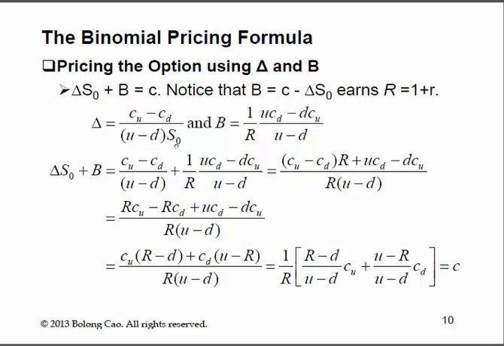Now delta times S0, again S0 cancels out, and this is the borrowed amount. What we do is put the whole two fractions together and simplify it. And then eventually we find this formula for our call option. It's just a rewrite of this sum.